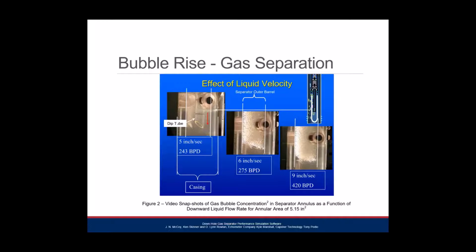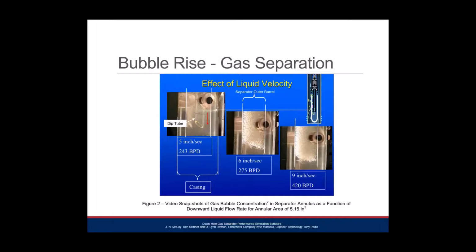So we're pulling fluid down at a constant rate of 5 inches per second, or equivalent to 243 barrels a day, while injecting gas. And so that gas is able to rise faster than we're able to pull it downward. And so at 6 inches per second, or 275 barrels a day, that gas we can now see is almost at that dip tube intake. So as soon as that gas comes into that intake, our pump is going to be less efficient.